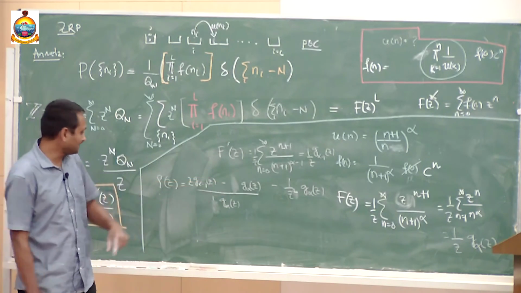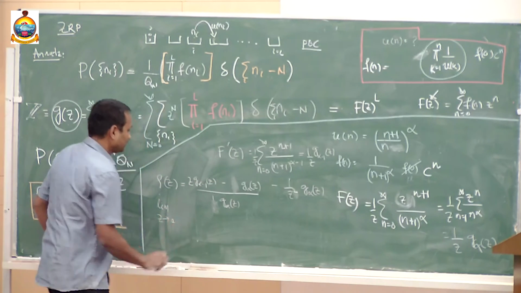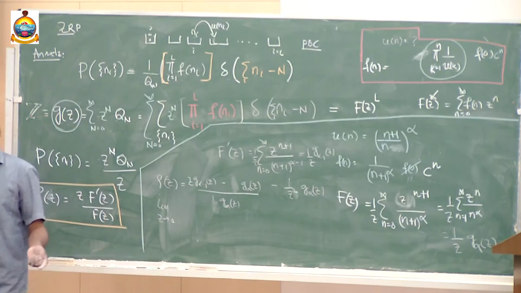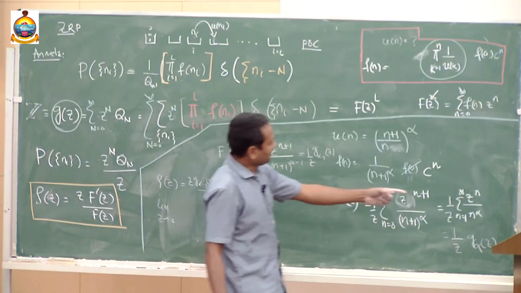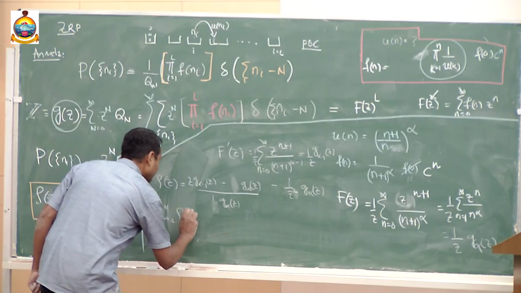Okay. So these are the same functions, and if you take the limit z goes to 1, this z goes away, and all these g functions become Riemann zeta functions now. Because if you put z equal to 1, 1 by n to the power alpha, that's a zeta function. So this is rho z.